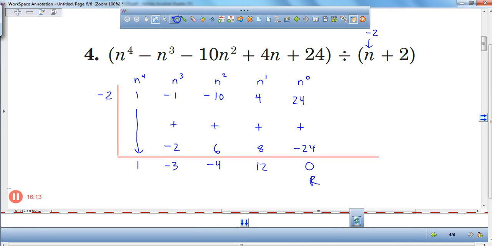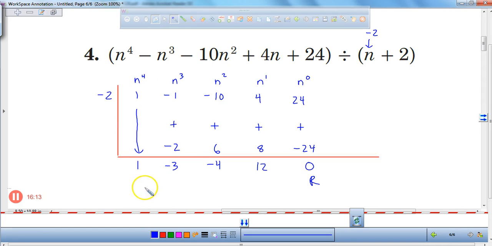So how do I write my final answer? If that's n to the power of 4, that's n cubed. This is n squared. This is n to the first. This is n to the 0. So here's my final answer: 1n cubed minus 3n squared minus 4n plus 12.